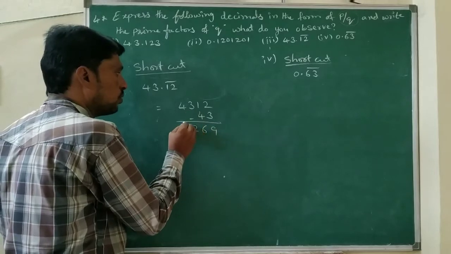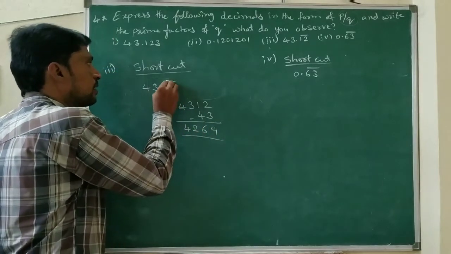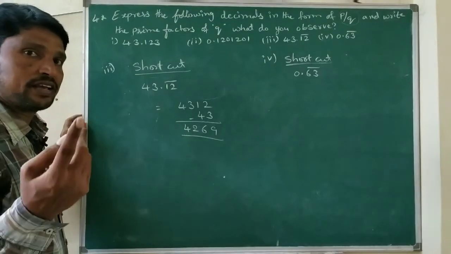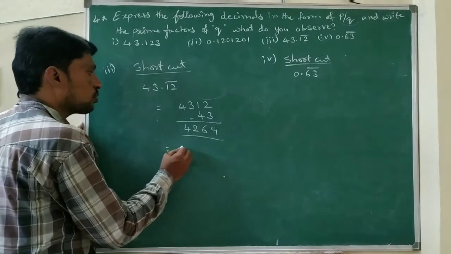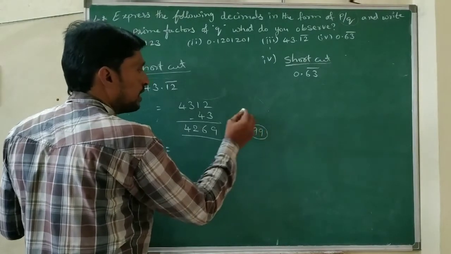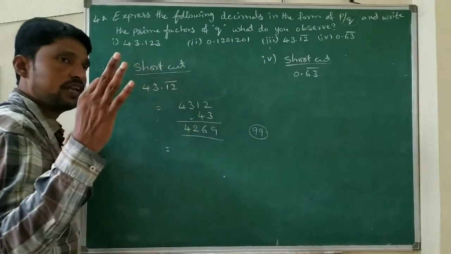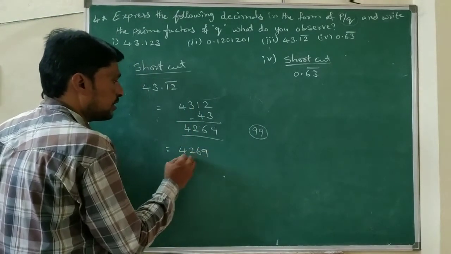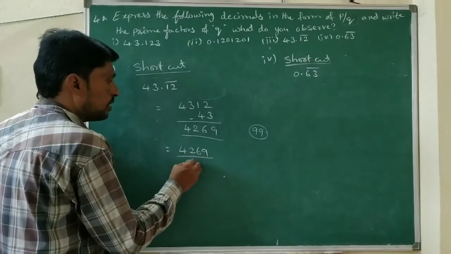Here the period is 12, so the periodicity is 2. Periodicity 2 means we divide by 99. Periodicity 3 means we take 999, like that. So 4269 by 99.